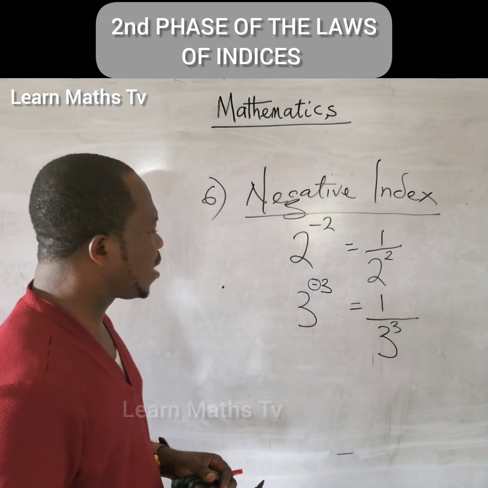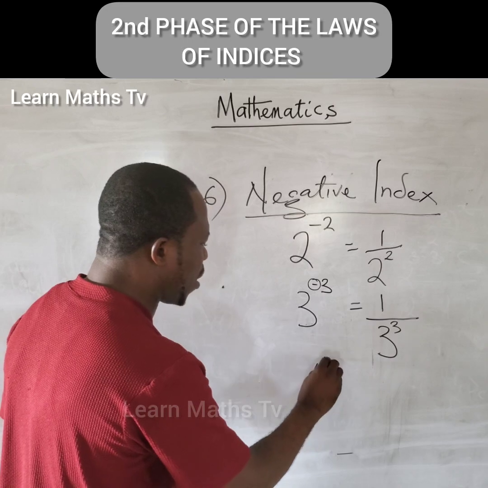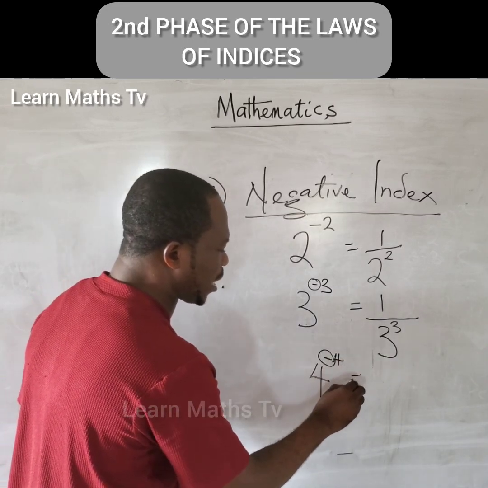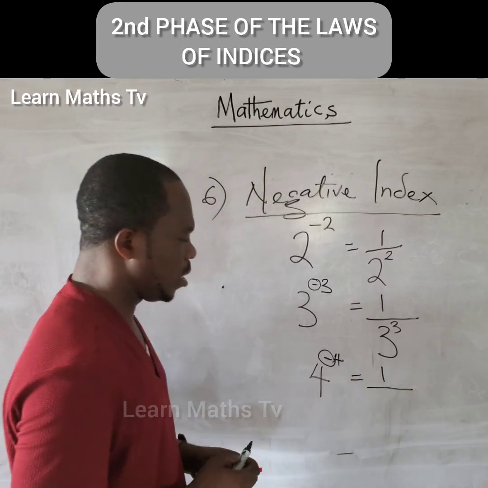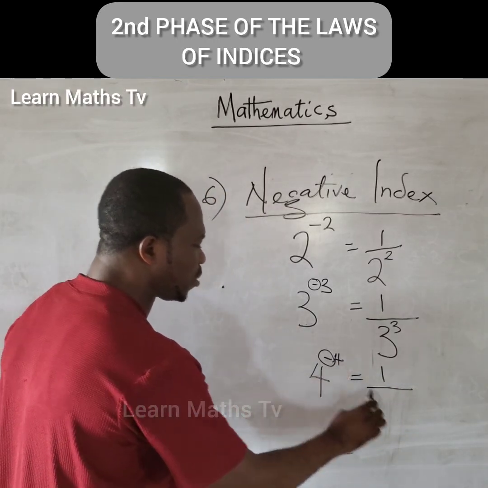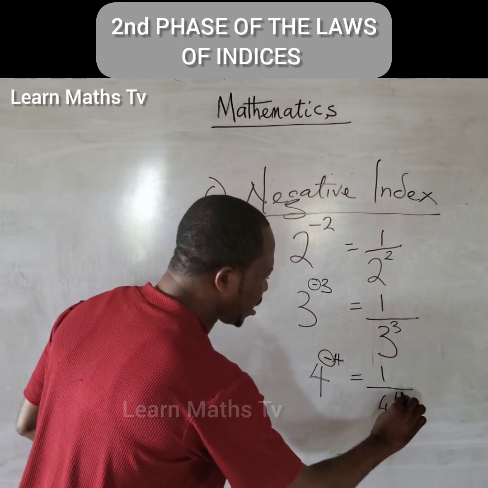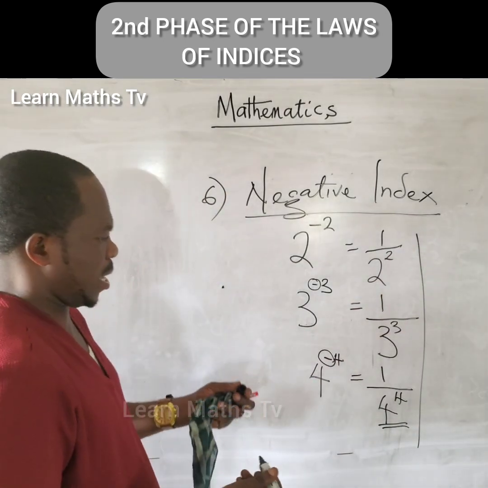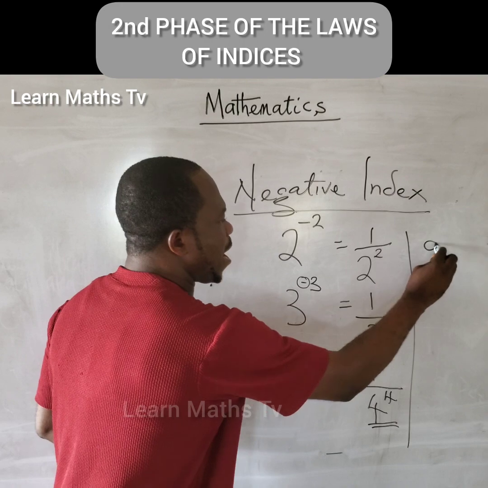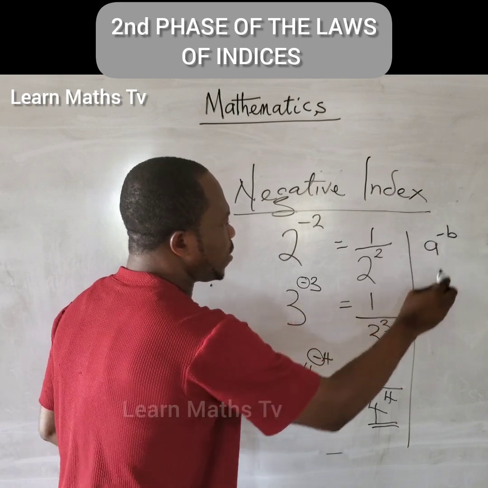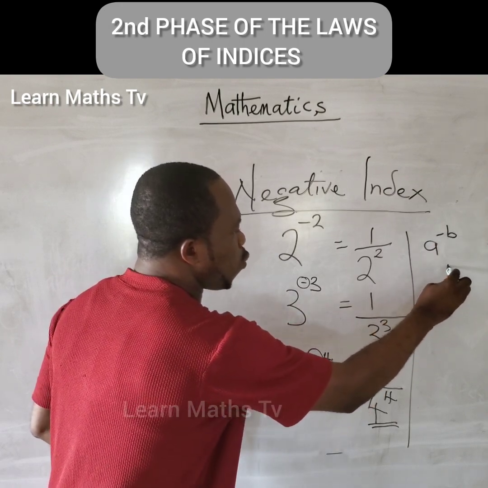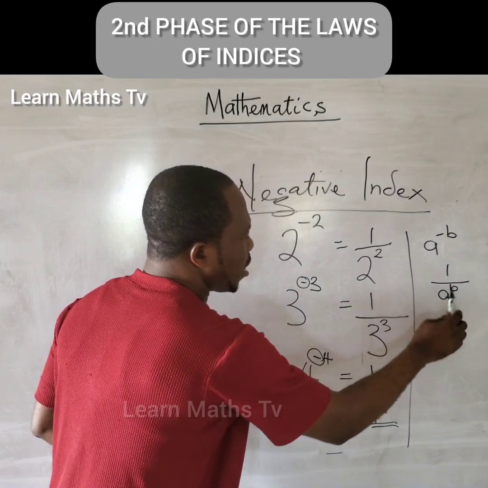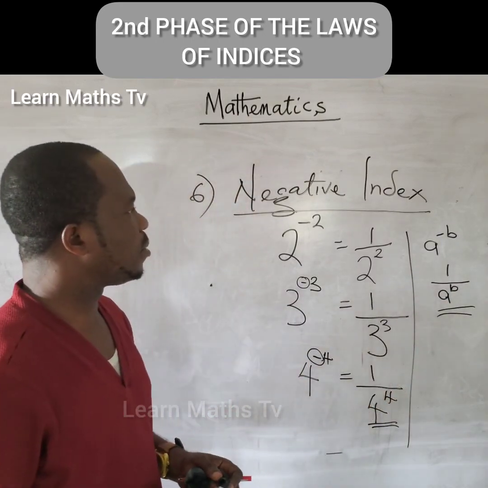Let's say, for instance, again, we have 4 raised to power minus 4. This negative sign automatically becomes the reciprocal, and then what we have left is 4 raised to power 4, and that is the result. So, in general, I can conclude by saying that if A is raised to power minus B, our result will be 1 all over A raised to power B. And that is our result.